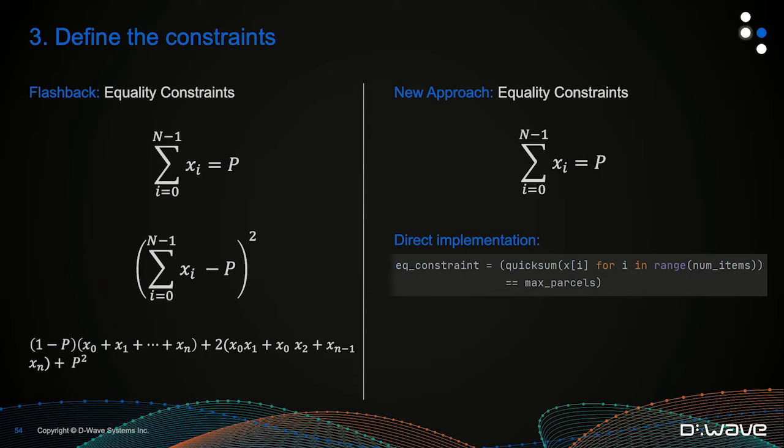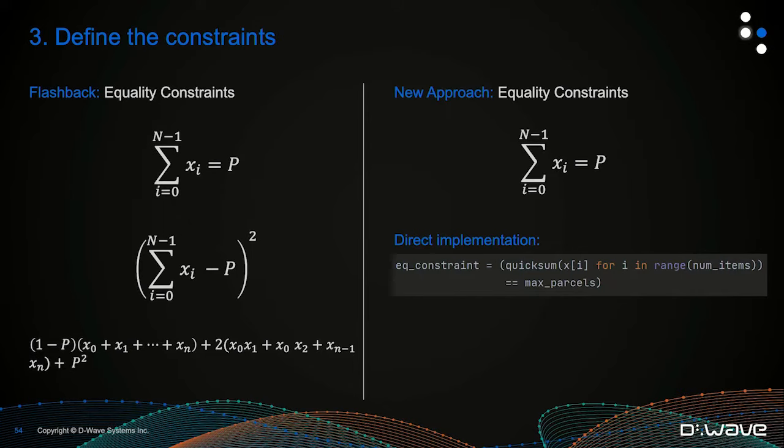All right, before we move on, I just want to take a moment to flash back to how we used to handle equality constraints. So on the left-hand side here, we can see that once we have our math expression for this equality constraint, we have to do some manipulation before we're able to program it.